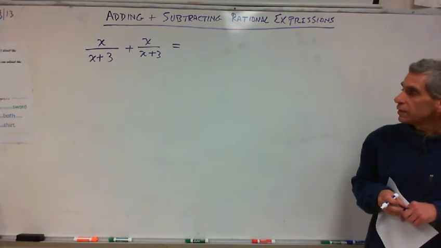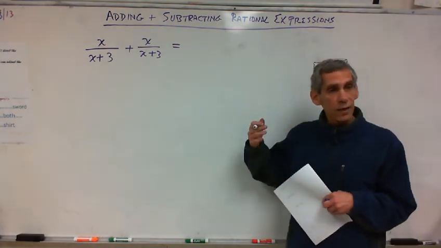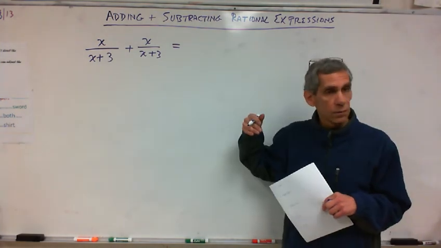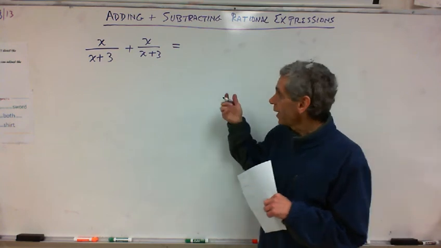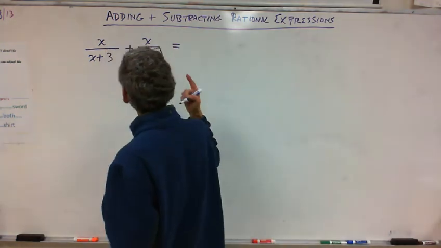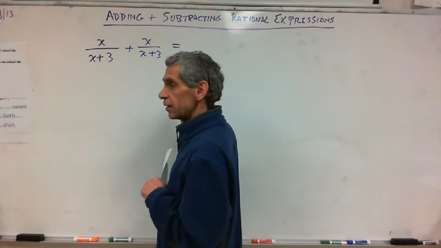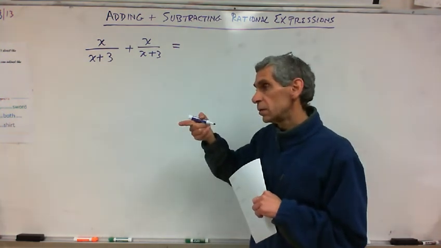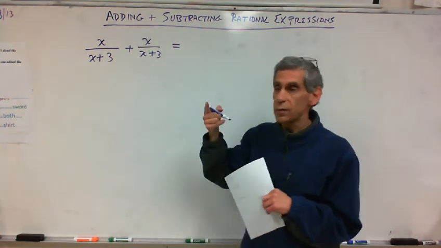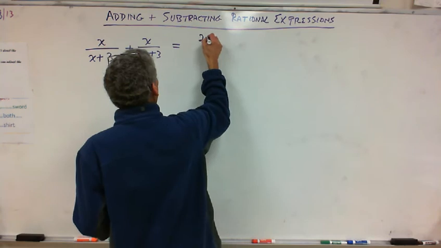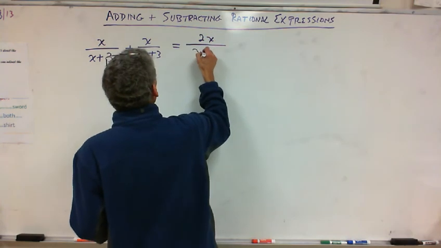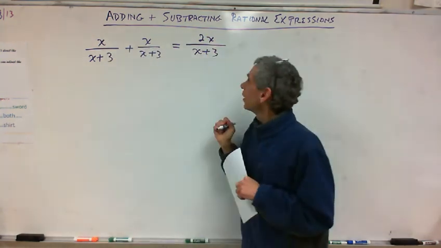Yes. So what does that mean? What can I do to the numerators? I can add them, right? So what's x plus x? That's 2x. So it's 2x over x plus 3.